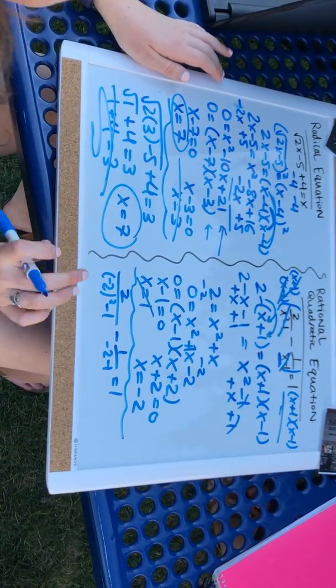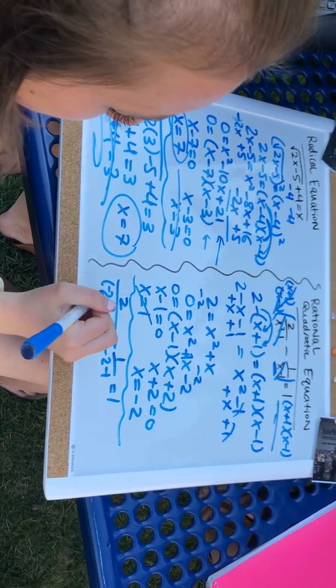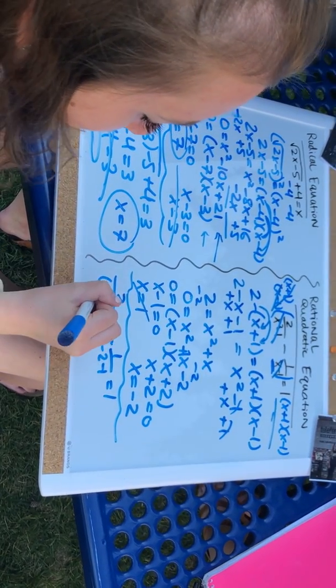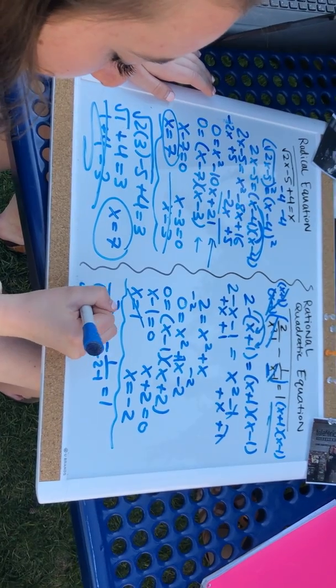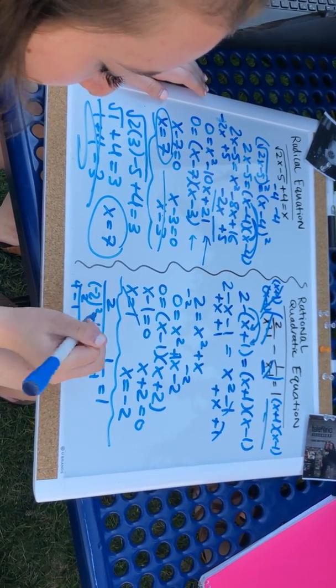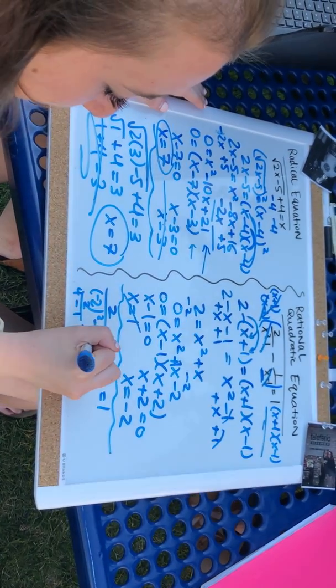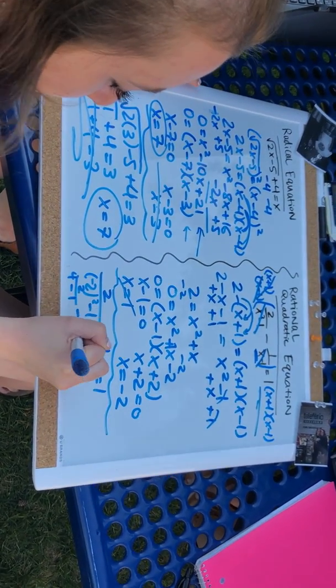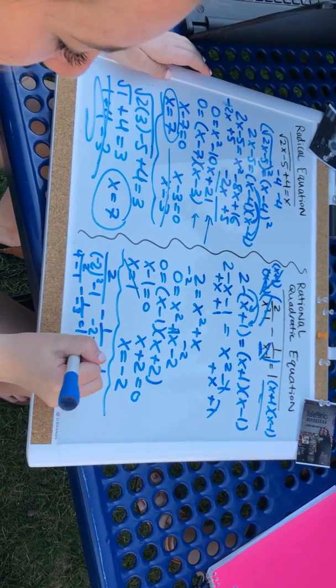We're going to have to solve it in this little area. So, let's see. 2 over 4 minus 1 minus 1 over negative 3. So equals 1. We're going to go over here.